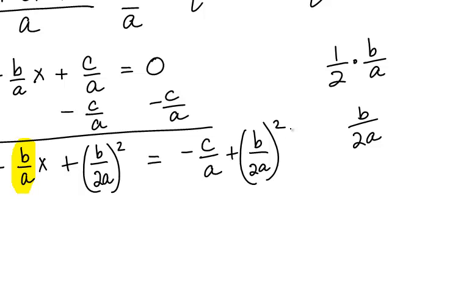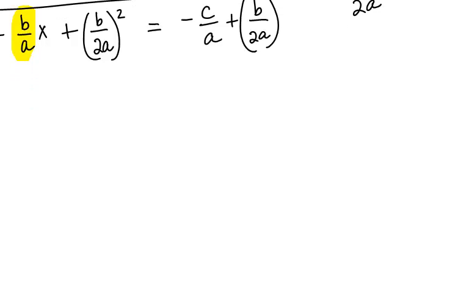Okay? That completes the square on the left side. Makes that a trinomial square. X squared is a perfect square of x. B over 2a squared is a perfect square of b over 2a. This tells you the sign inside's plus. Factor it back into the square of a binomial.